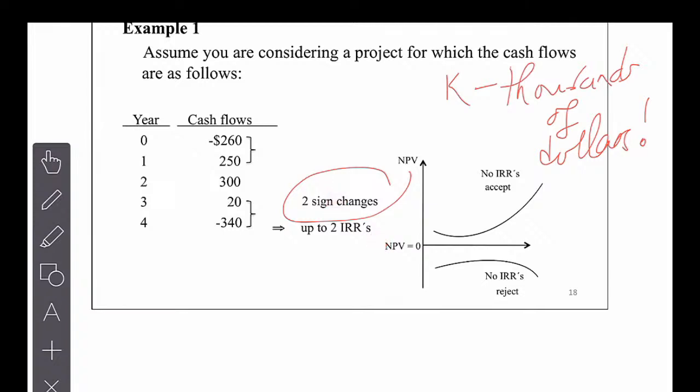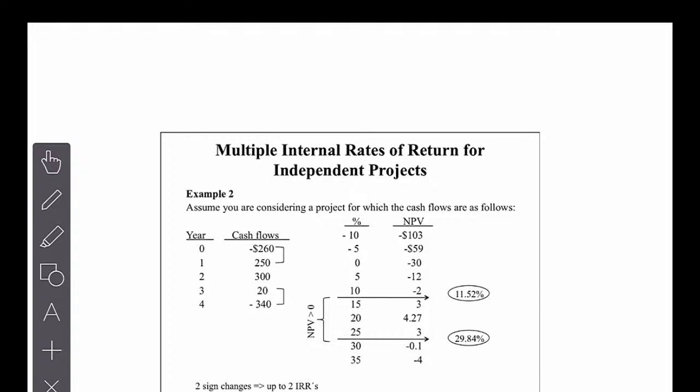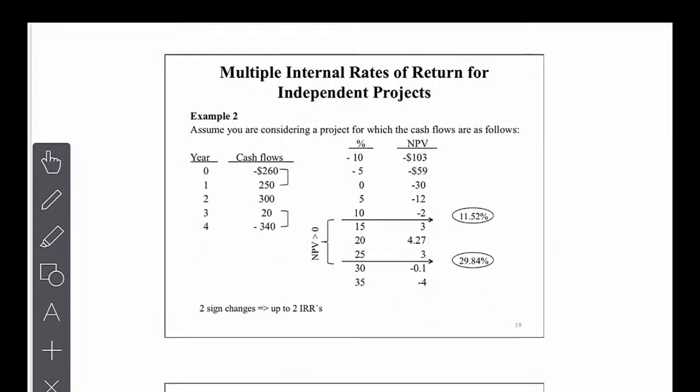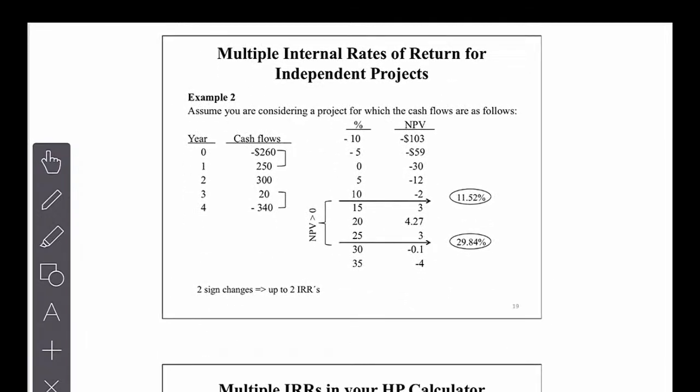It might cross twice. And I'll show you some examples. Let me confirm I'm using those numbers. All right. So here are the cash flows. So I want you to generate this NPV profile.